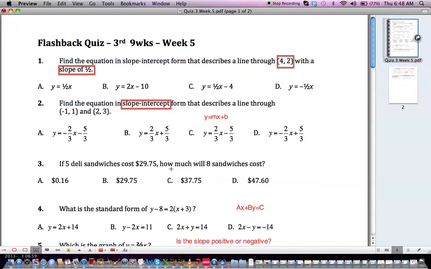And for this you can use direct variation if you want to, y equals kx, or you can set up a proportion and do it. Okay, and we talked about both ways in class. So either way that you feel comfortable doing that, you go right ahead. Remember, 5 sandwiches cost $29.75. How much will 8 cost?